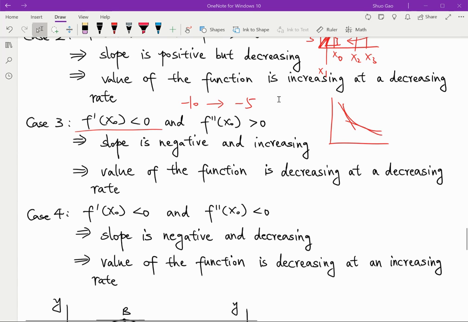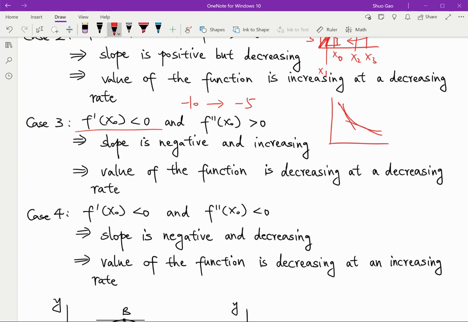This is what we mean by saying increasing. The magnitude is becoming smaller, but because it's negative, it has a sign in front of the magnitude. So from negative 10 to negative 5, we say that the slope is increasing, because negative 5 is larger than negative 10.